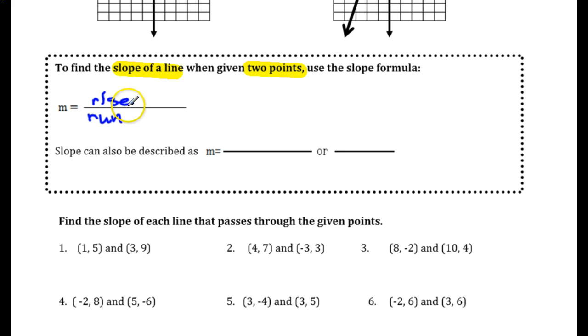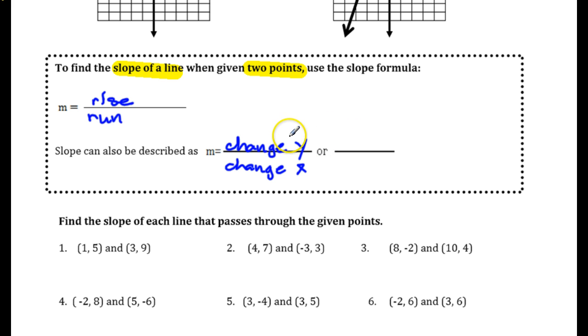That's what you did on the picture, right? So slope can also be described as, think about the rise. When we moved the rise up or down, what we were doing was finding how much the y changed, the change in y. The run left to right is how much the x is changing, right? Because up and down is your y-axis, side to side is your x-axis.